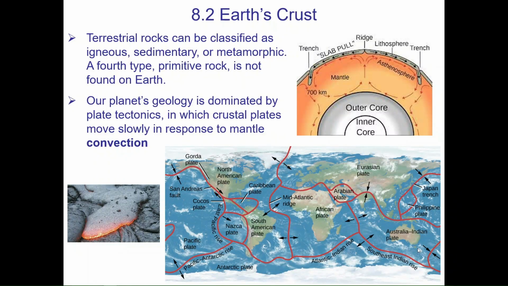The first one is igneous rock. This kind of rock is formed from the molten state. For example, if lava comes from volcanism and flows on the surface of the crust and then solidifies, that is igneous rock. Therefore, all volcanically produced rock is igneous.